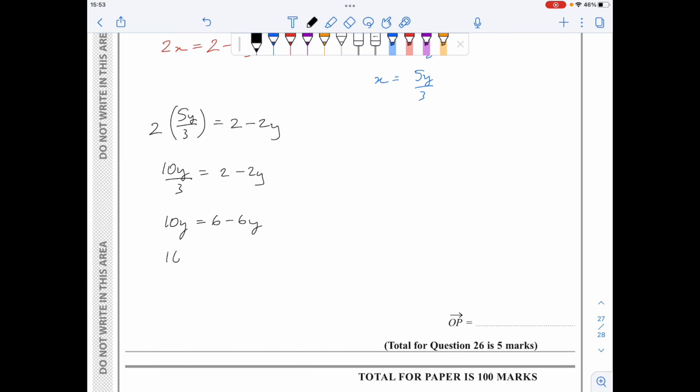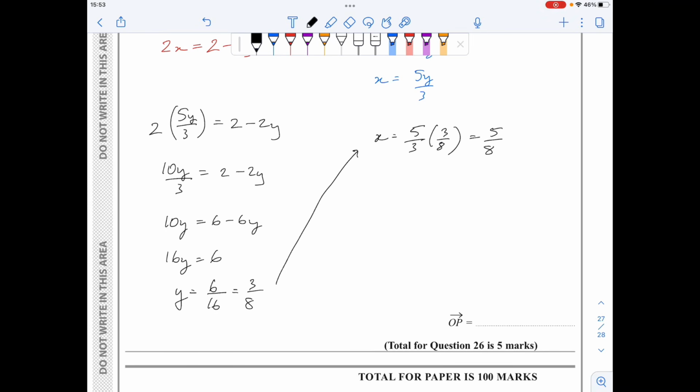So 16y is equal to 6. Y is equal to 6 over 16, which is equal to 3 over 8. So if I continue here, x is equal to 5 over 3 times y, which is 3 over 8. So this will give me 5 over 8.